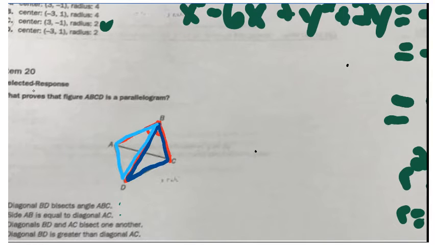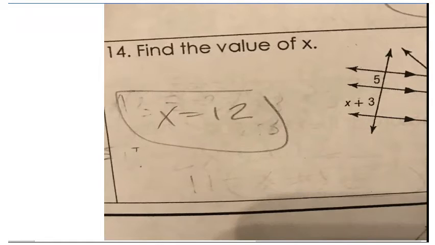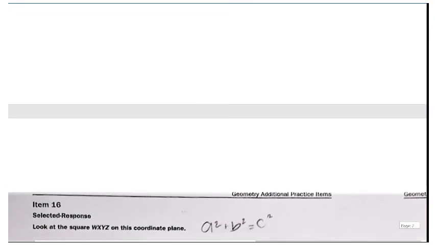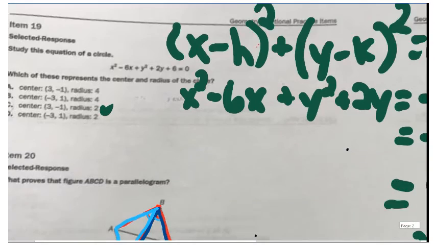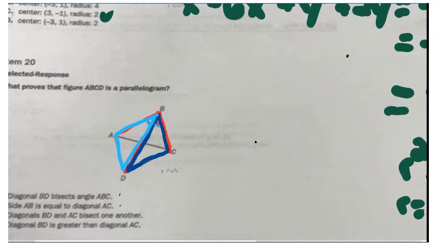If diagonal BD bisects angle ABC, that means that those two angles are congruent. So we know that this angle is congruent to this angle. And we know that angle DAB, if it is a parallelogram, is going to be congruent to this angle.